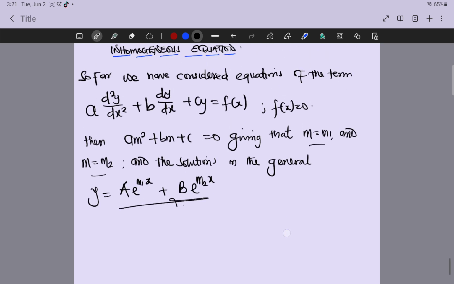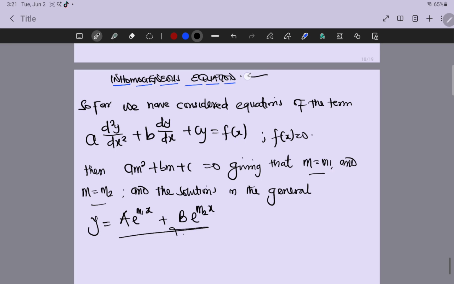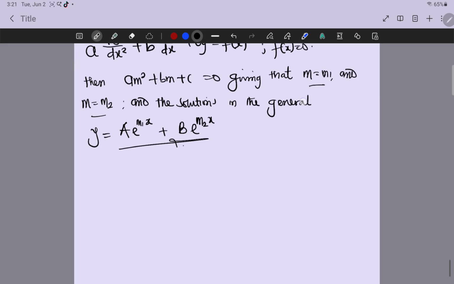Now what we're trying to do in this video is to expose you to the fact that there are times when f of x is not equal to 0. So let's expose you to that fact.